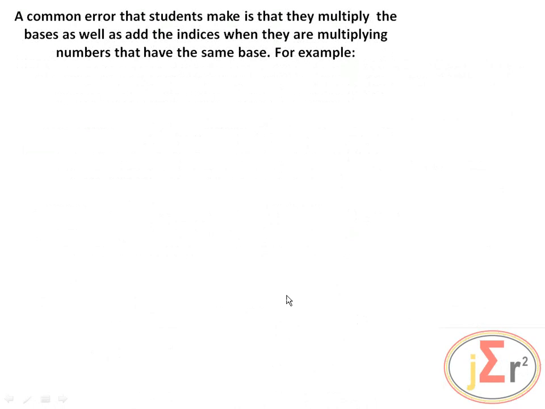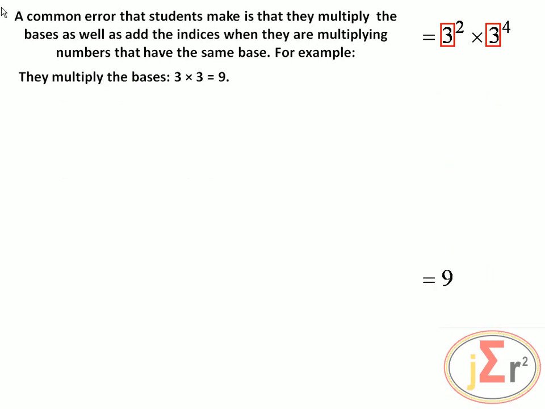A common error that students make is that they multiply the bases as well as add the indices when they are multiplying numbers that have the same base. So they go and they say, multiply the bases. 3 times 3 is equal to 9.